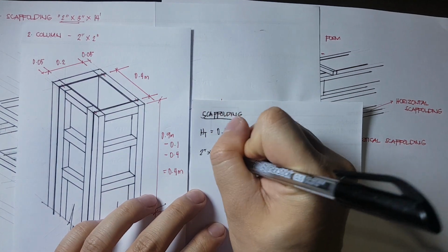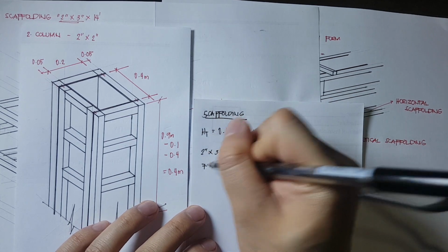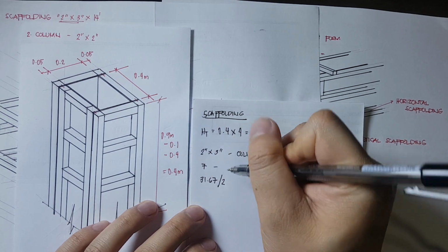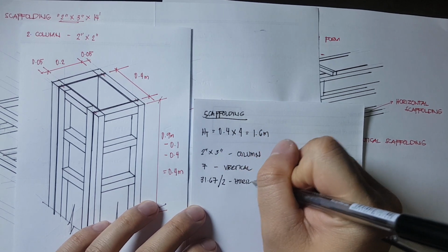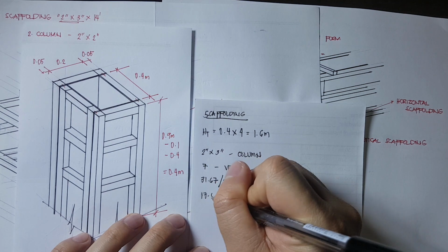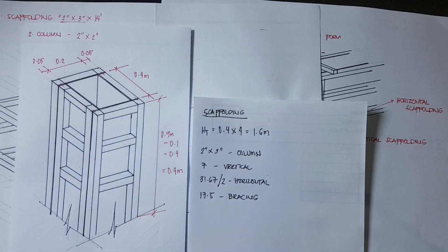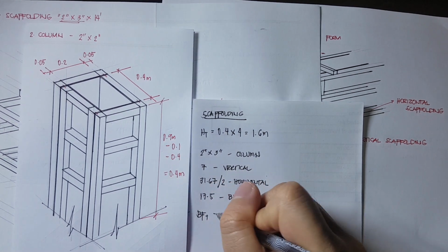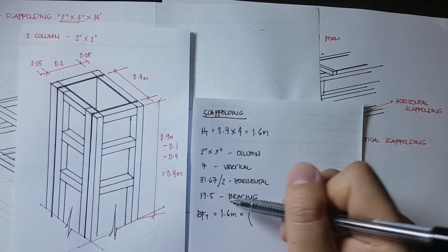Now, using the factors for 2 by 3 for column, it is 7 for the vertical, 31.67 over 2 for the horizontal, and 17.5 for the bracing. So the total board foot would be 1.6 meters times vertical, horizontal, bracing, or diagonal.